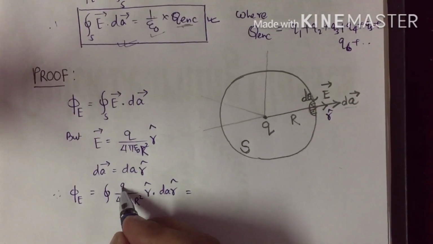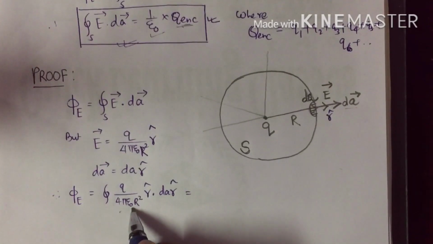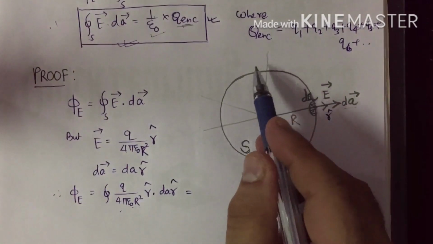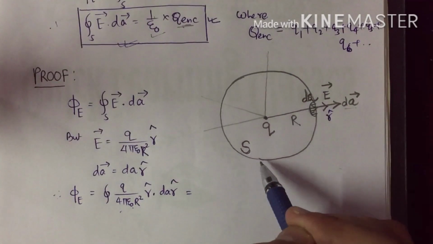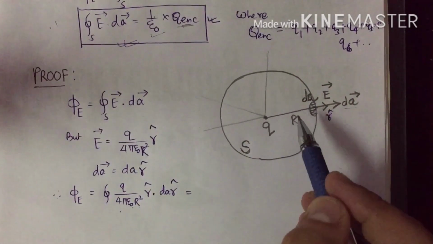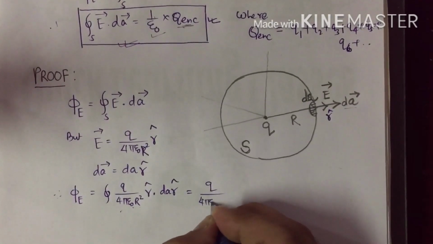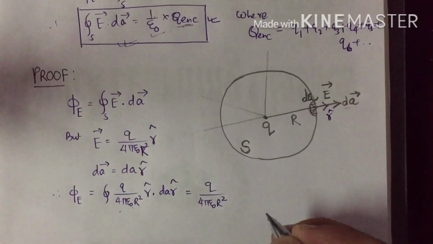Now the magnitude of q is constant, 4 pi epsilon naught is constant, and as you move on the surface of the sphere, your R remains constant. So therefore, q divided by 4 pi epsilon naught R square will be a constant.